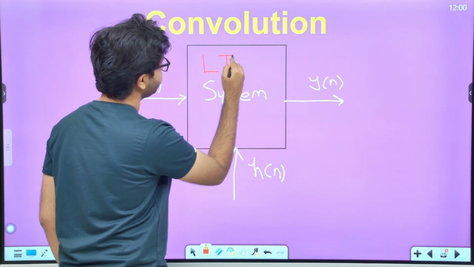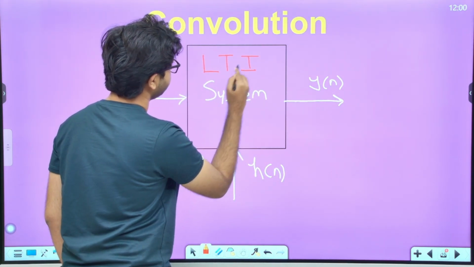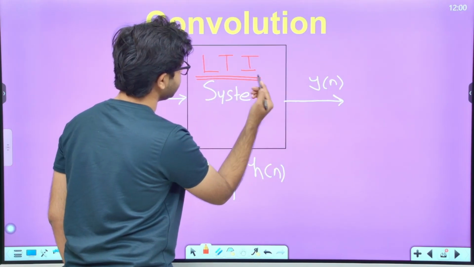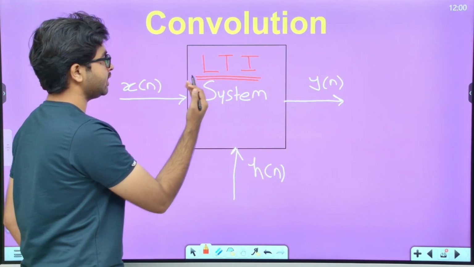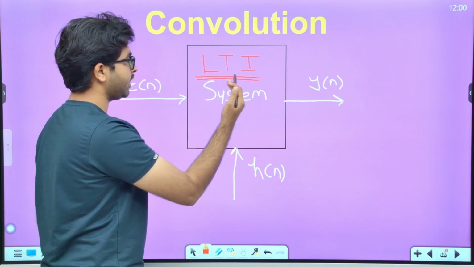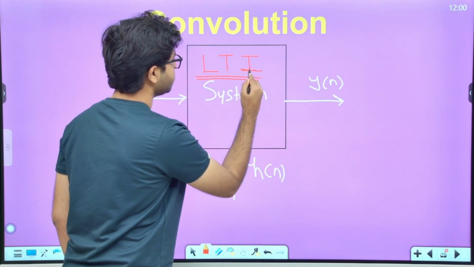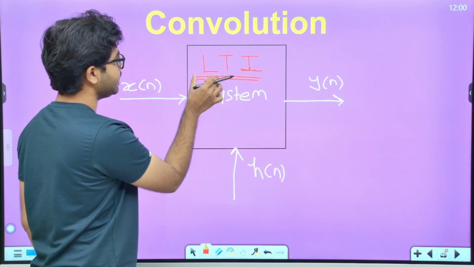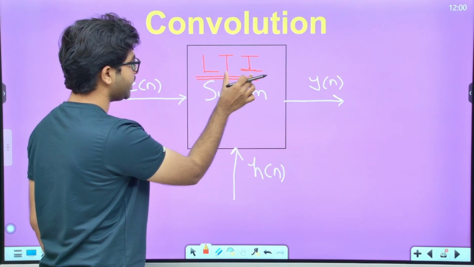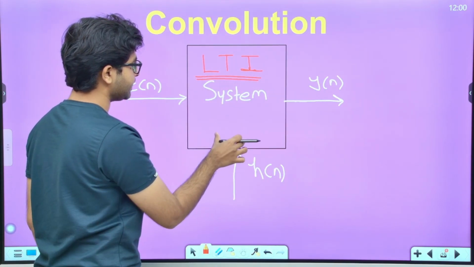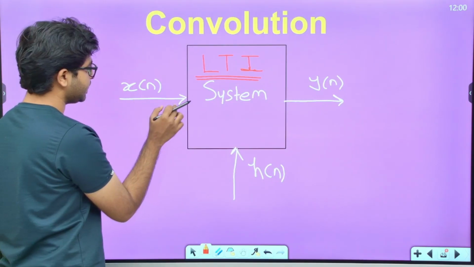linear time invariant. We have already seen in the previous lecture what is linear, non-linear, and what is time variant and invariant. So the system which is linear and also time invariant is the LTI system to which the input signal is given.